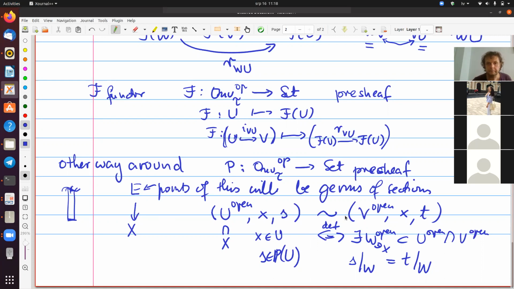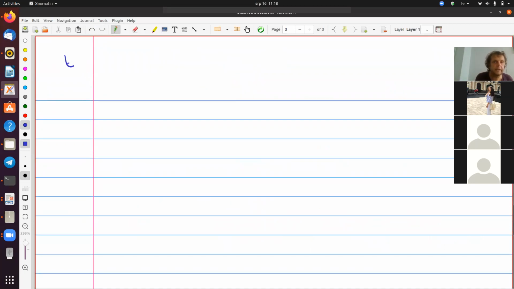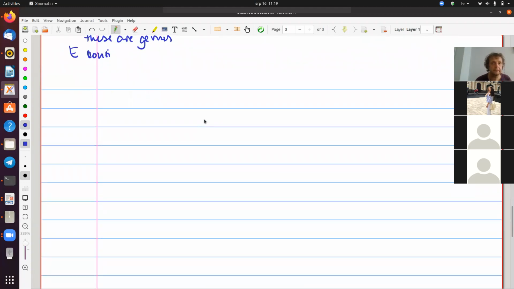And how to define the projection now? So E consists of these guys, which are called germs. In fact, we are here passing to a direct limit construction from the point of view of category theory, and E consists of germs of local sections, these equivalence classes of local sections.